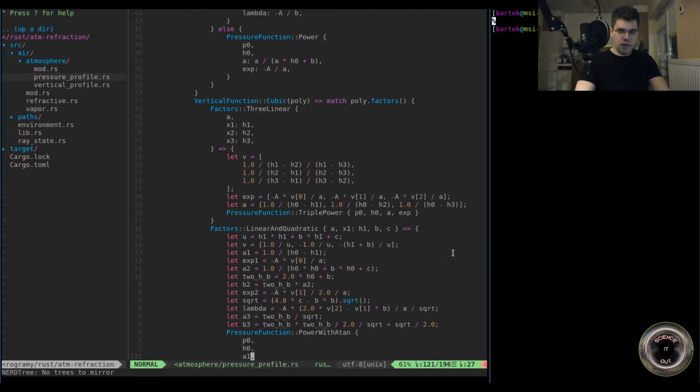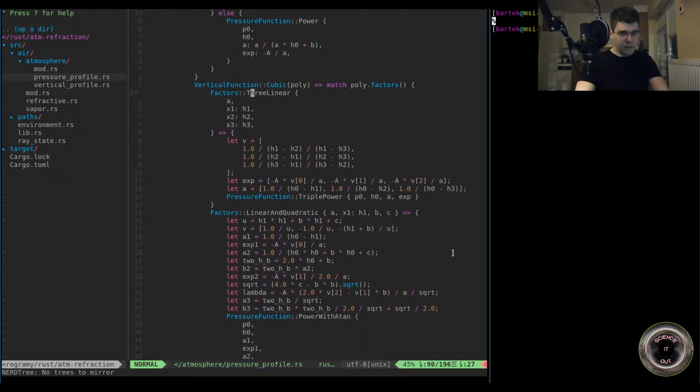And then, yeah, if temperature function is cubic, so you can see that I basically take the polynomial and check the factors, and this basically performs the decomposition into this constant, and then either 3 linear terms or 1 linear and 1 quadratic. So if we have this linear and quadratic, there is this whole calculation which I really don't remember details of.